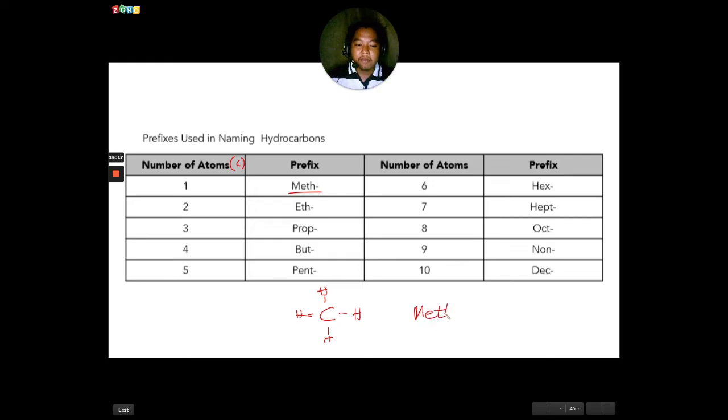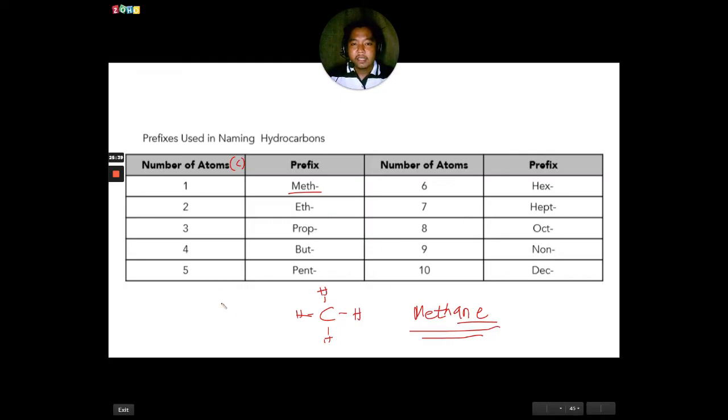So this is our very basic hydrocarbon, the methane. We've encountered this a lot of times. The reason it's methane is because it's an alkane, meaning single bond, saturated, and meth is the prefix for one carbon.